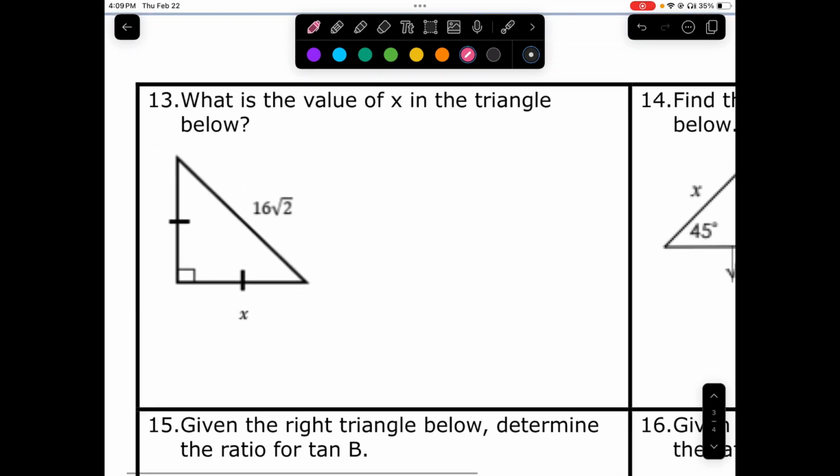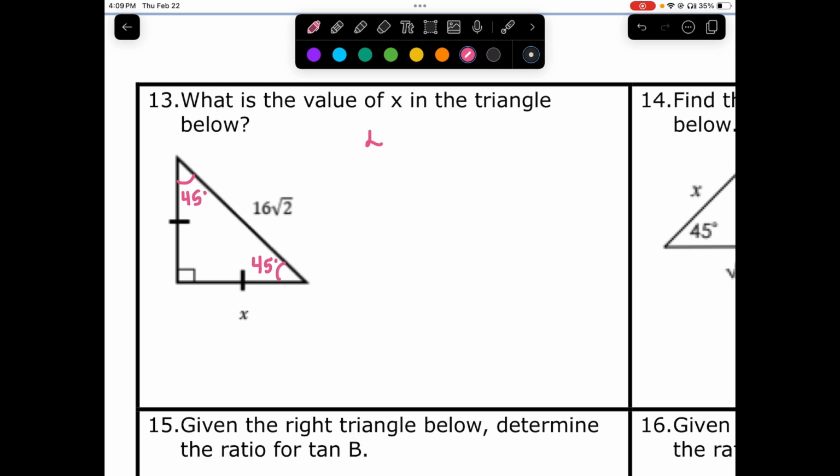What is the value of x in the triangle below? So we don't see any angles that are marked, but we do see two sides that are marked congruent. If those two sides are congruent, that means this is an isosceles triangle. And hopefully you remember that an isosceles right triangle is also called a 45, 45, 90.